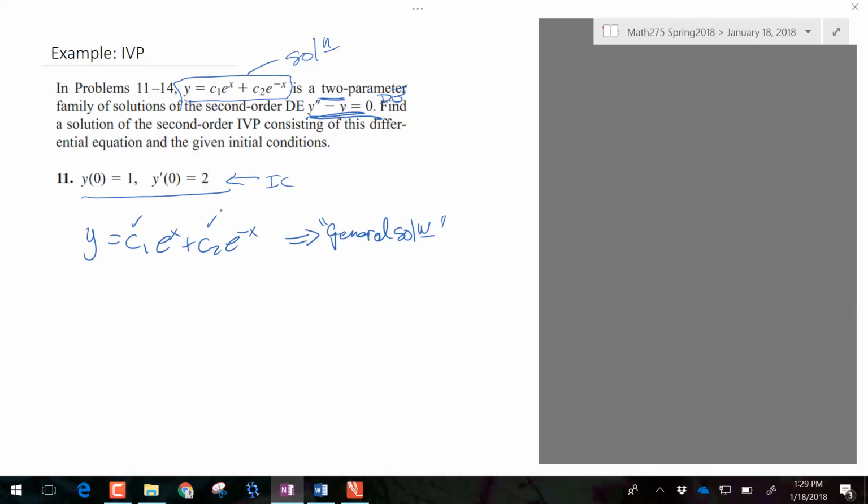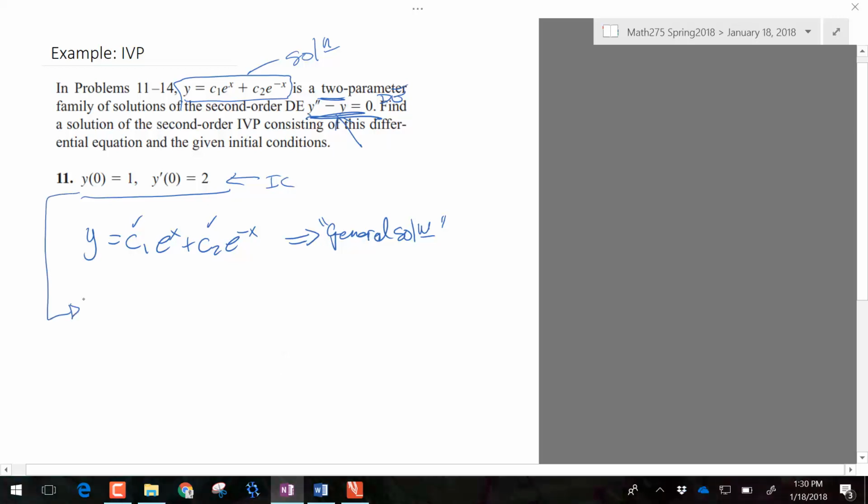Now, if you want the particular solution, the one guaranteed solution, you would need to make sure that it satisfies this differential equation. It does, because they say it's a solution.